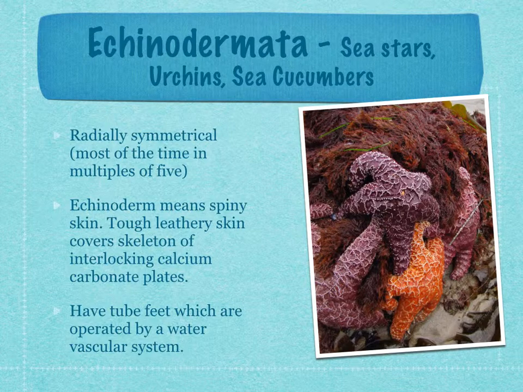If a sea star or urchin wants to extend its tube feet, they have to pump water into them. If they want to retract them, they suck the water out. For this reason, echinoderms need water to move. That is why sea stars will cling to the rocks during low tide.